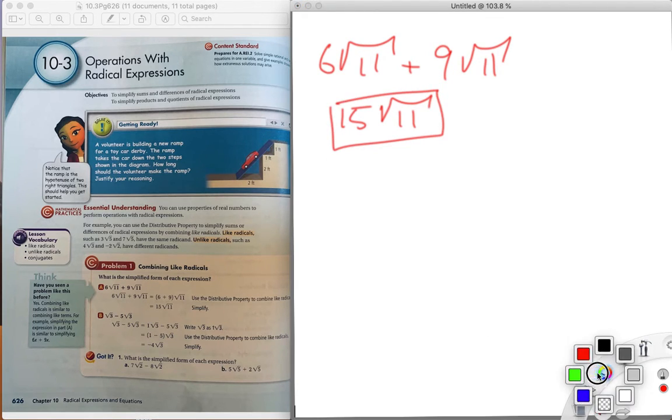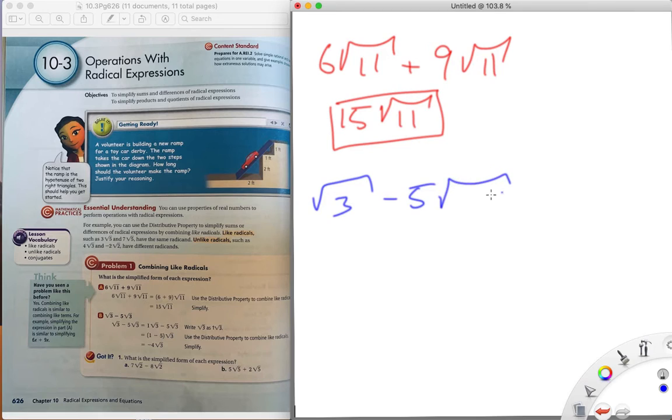I can also subtract these guys. There's a 1 in front of here, right? So 1 minus 5 is negative 4. So root 3 minus 5 root 3 is negative 4 root 3. I'm just subtracting it out.